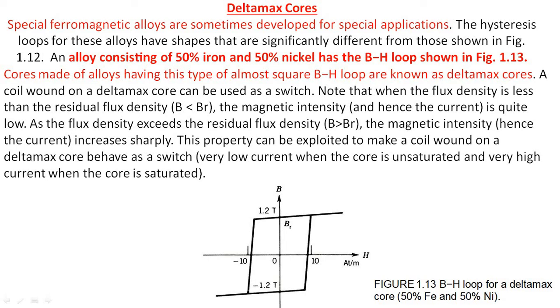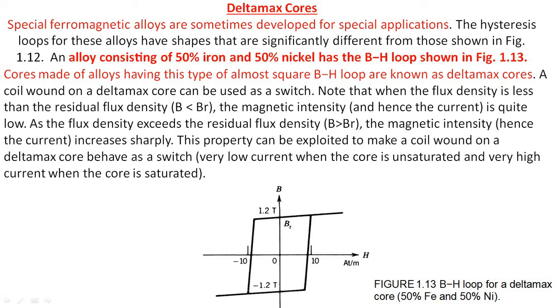A coil wound on a delta max core can be used as a switch. Note that when the flux density is less than the residual flux density, the magnetic intensity and hence the current are quite low. As the flux density exceeds the residual flux density, B greater than Br, the magnetic intensity and hence the current increases sharply.